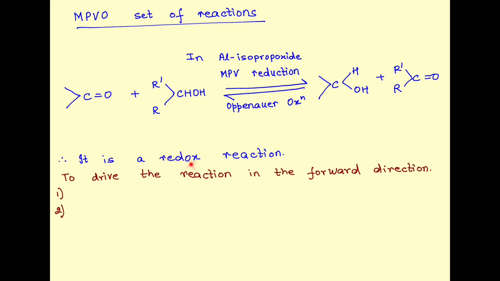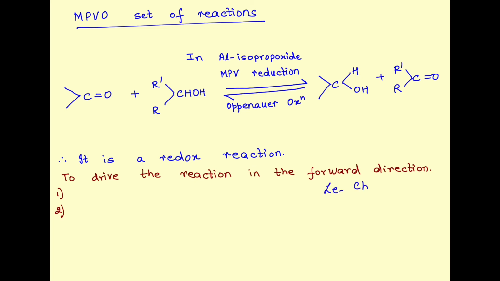So as I said, if I want to obtain the secondary alcohol from the carbonyl compound, that is the aldehyde or the ketone, I want that this reaction should not come backwards. Now, recall Le Chatelier's principle.